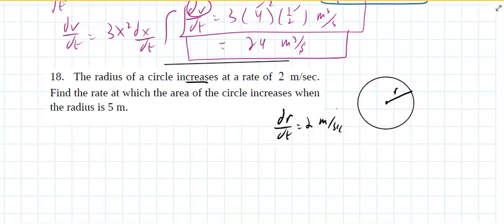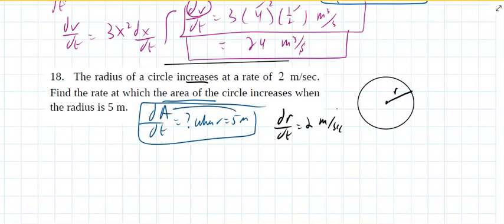Find the rate at which the area, how fast is the area changing when r equals 5 meters? Again, the 5 meters goes with the change of area. Keep in mind, in the beginning, the area is going to be getting bigger very, very fast.